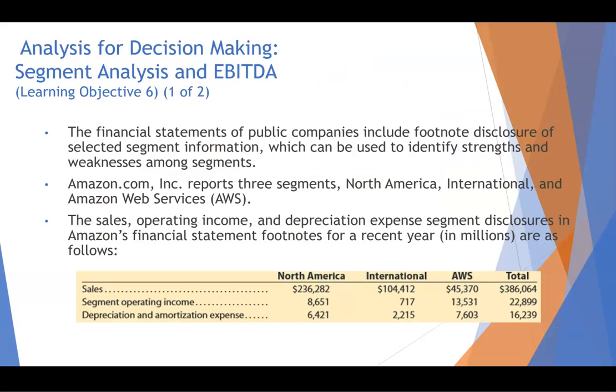North America sales are approximately 61% here of total sales. International sales are at 27% of total sales, and AWS sales are at 12% of total sales. So the international and AWS segments, even though they're smaller, are still going to be significant.